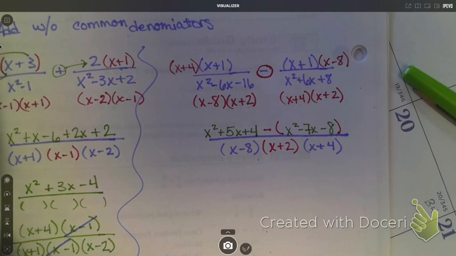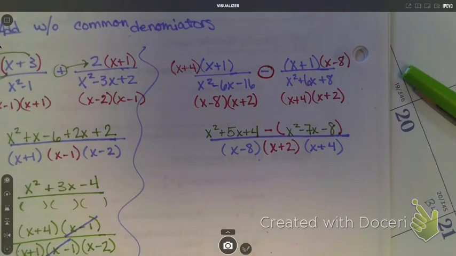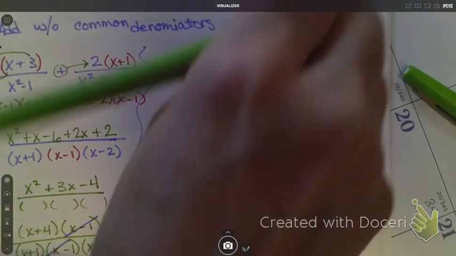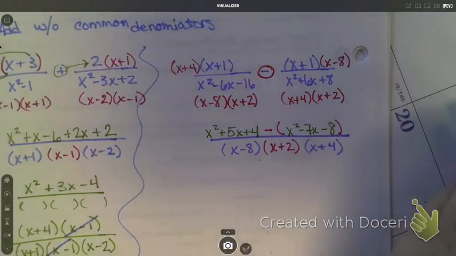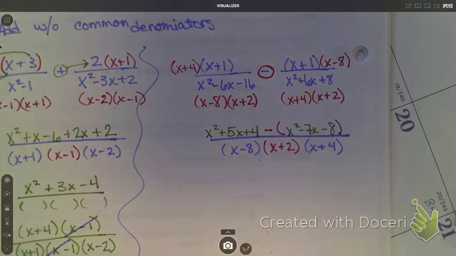So now what do I need to do? Subtract like terms. Whatever you do with the like terms. I can't do anything with like terms yet. Why?